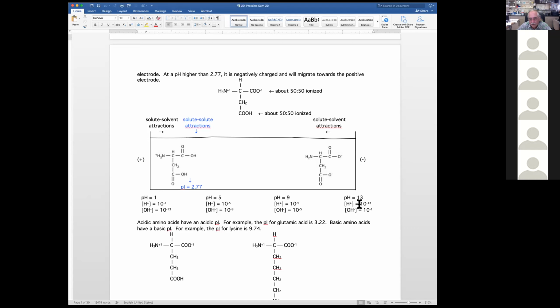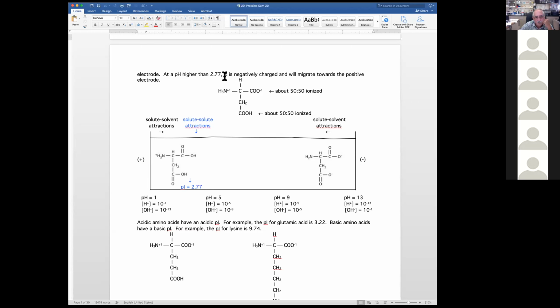And it's a gradient over there. So if I just put this amino acid in here, it's not going to do anything except diffuse. I won't get what I want until I actually put a charge across here. So here's the positive charge over here and the negative charge over here. So there's a voltage across this solution right here.